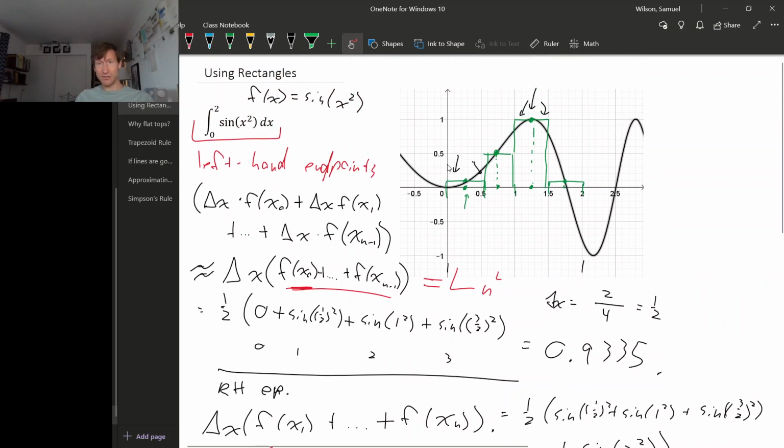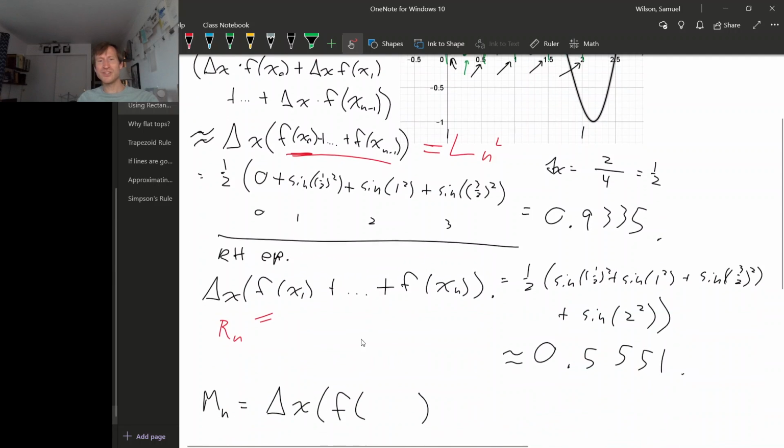The x values label the endpoints of these intervals, but we didn't use the endpoints of the intervals. We used the midpoints. So for this first term, the x value we need is the midpoint between x sub 0 and x sub 1. And that's the average, so x sub 0 plus x sub 1 over 2.